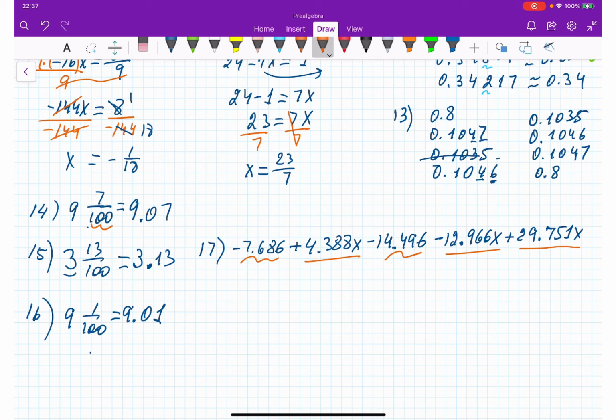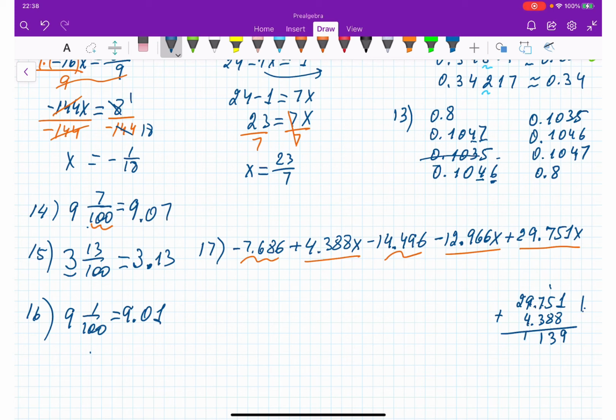It's going to be 29.751 plus 4.388. And this is equal to, 9, 5 plus 8, 13. 1 in mind. 7 plus 3 is 10. And 1 is going to be 11. 1 in mind. 9 plus 4 is 13.